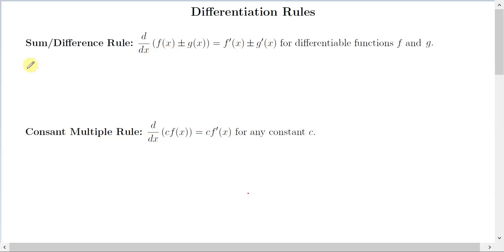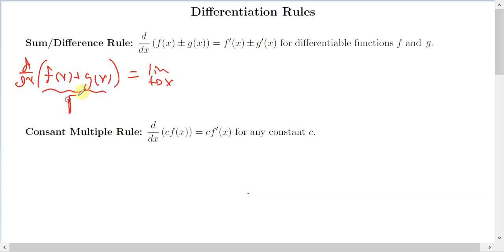This is not hard to derive simply because your function is f, let's just say plus g. The definition is you take the limit as t approaches x. So this whole thing is my function, and so it's my function of t minus my function, I'm using big F to represent that sum or difference, at x, over t minus x.